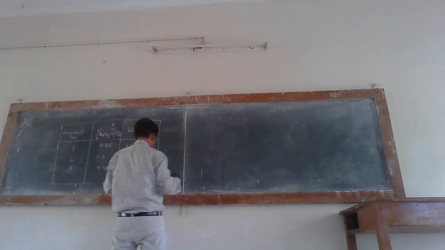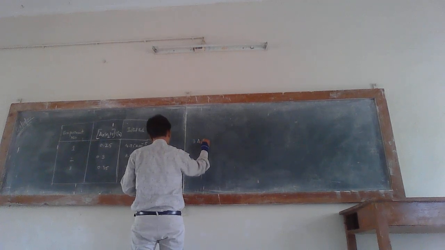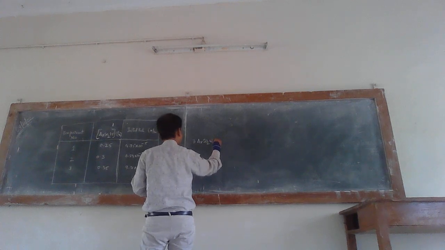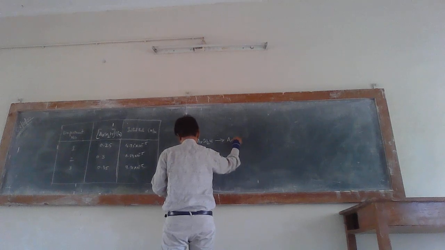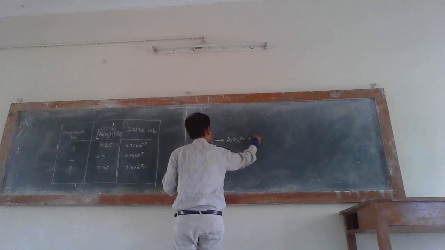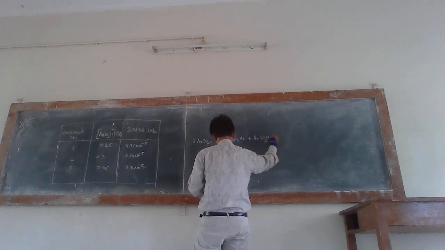The reaction given as 3 Ar SO2H, hydrated form of sulfur dioxide, gives rise to Ar SO2 Ar plus Ar SO3H plus H2O.